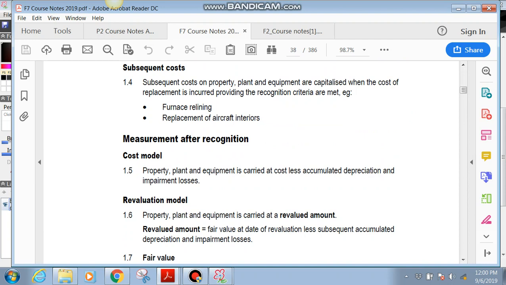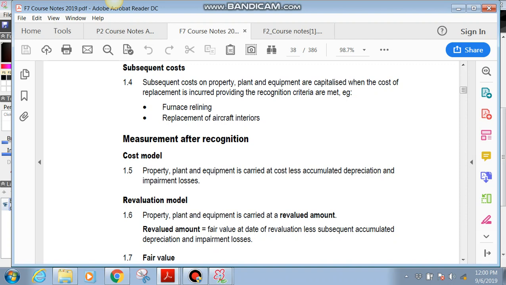Then we have subsequent costs. These subsequent costs, the standard requires that if they meet the recognition criteria, these subsequent costs should be capitalized.